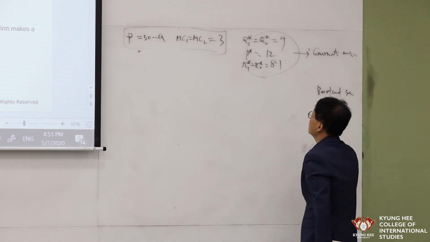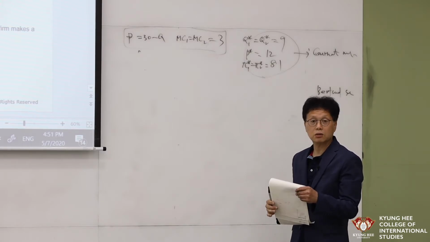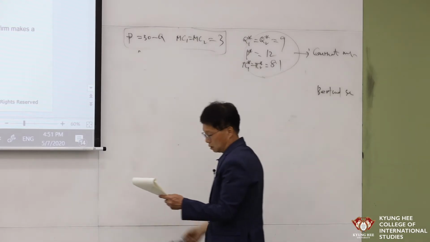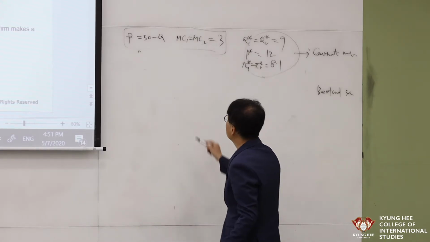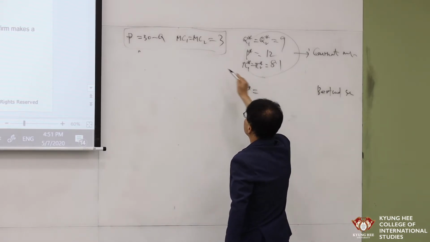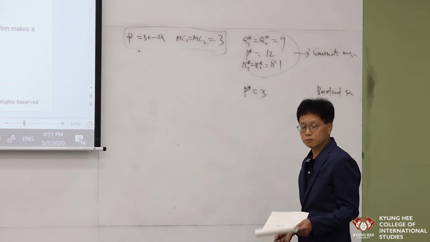The Bertrand solution is price competition. So price should be equal to marginal cost, simply speaking. Price is equal to marginal cost of firm 1 and firm 2, which is equal to 3. Price is 3.